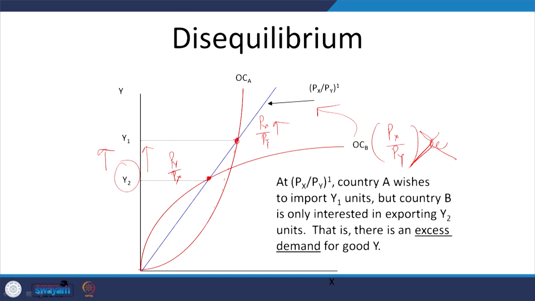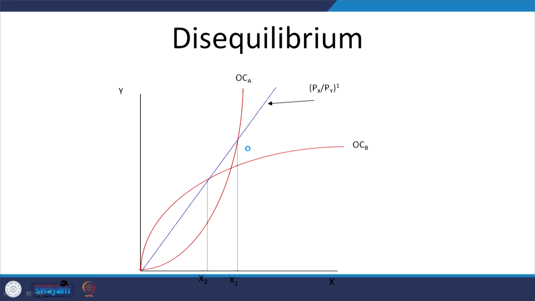So, Py prices will rise, and Py by Px will rise. So this will reach this level, there will be a new offer curve, and accordingly a single price is established, and that will define the equilibrium price level.